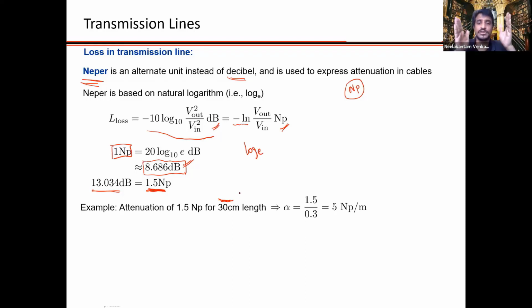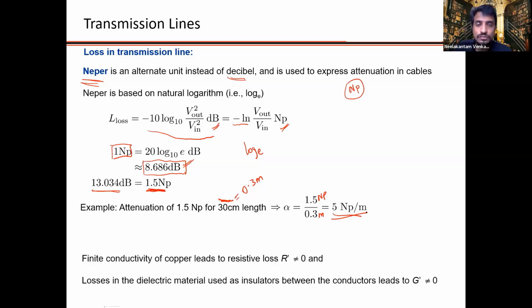Over a 30 centimeter cable, which is 0.3 meters, your alpha is 1.5 nepers per 0.3 meters, which is 5 nepers per meter. So alpha is given in nepers per meter. Given a transmission line with the alpha value, you can always find out for 100 meters of the wire what the loss is, or for 10,000 meters of the wire what the loss is. You can figure it out in nepers or in dB by using this conversion.